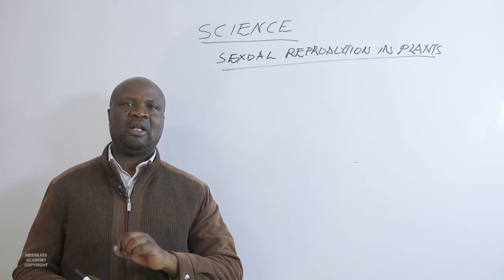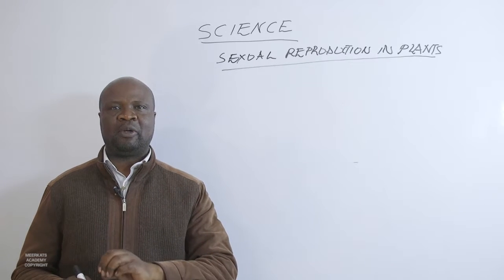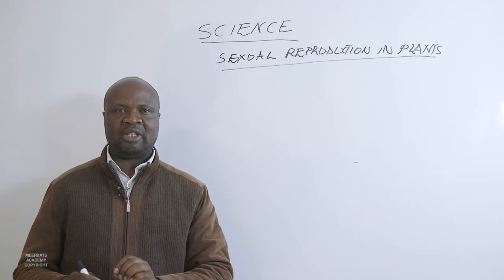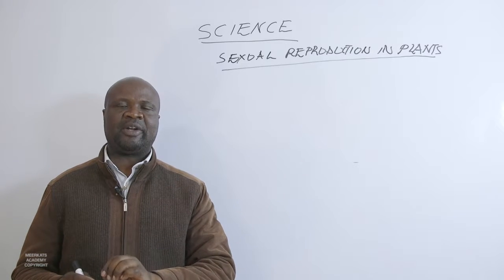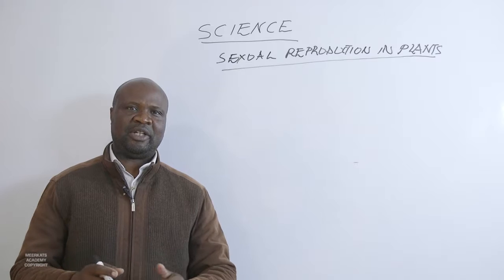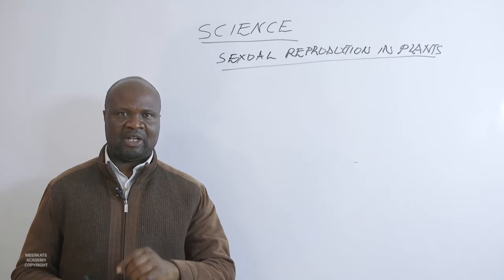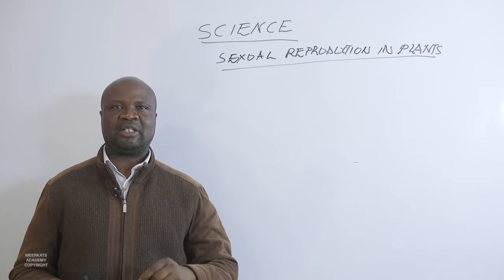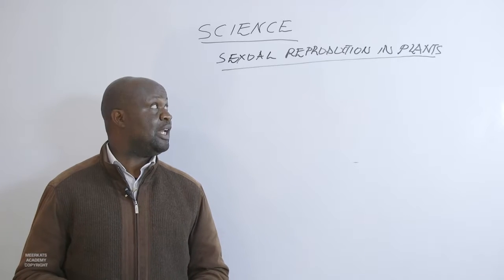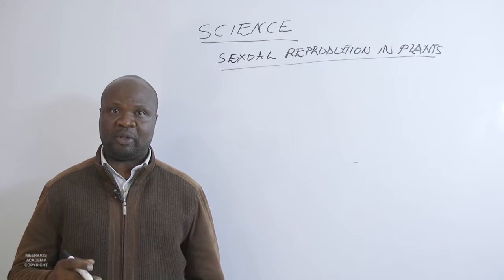What happens is the anthers produce the pollen grains, and within the same flower, those pollen grains move from the anthers to the stigma of the flower. We describe such a situation as self-pollination. But we went ahead and mentioned cross-pollination.